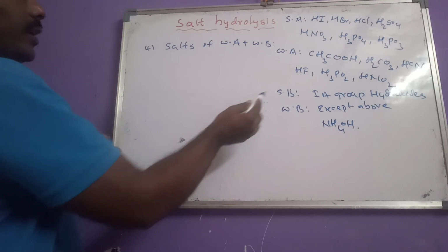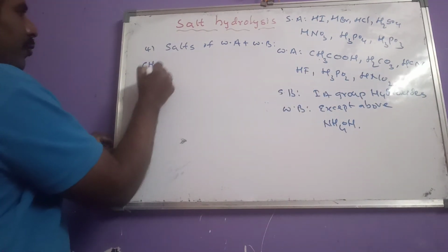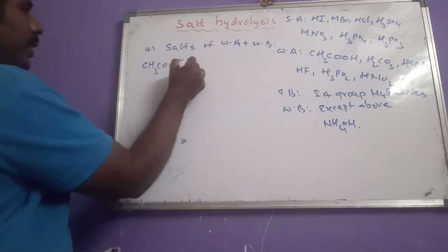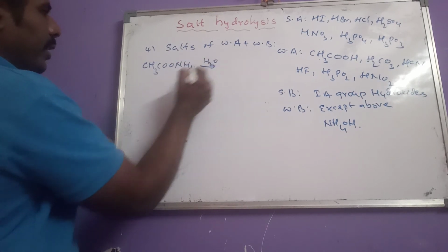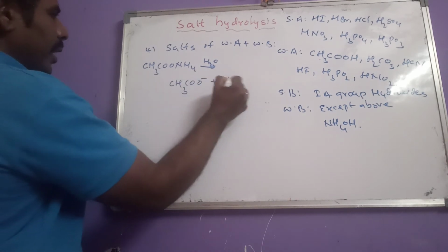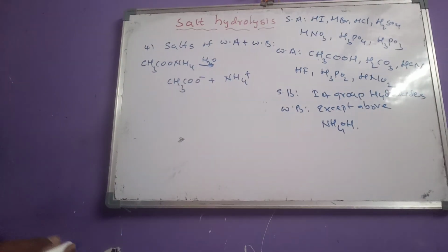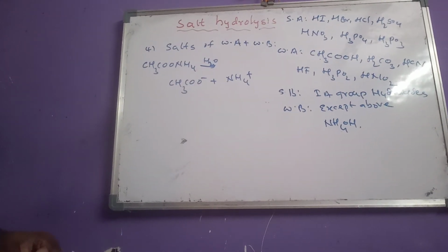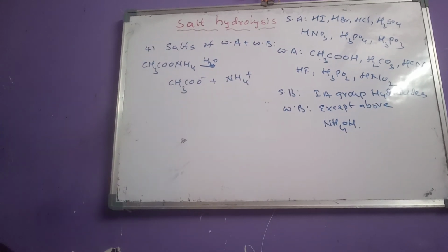So for example here, acetic acid and NH4OH. From that we get ammonium acetate. On hydrolysis what do we get here? Acetate ions plus NH4 plus ions. As both are produced from a weak acid and a weak base, both of these are strong ones.